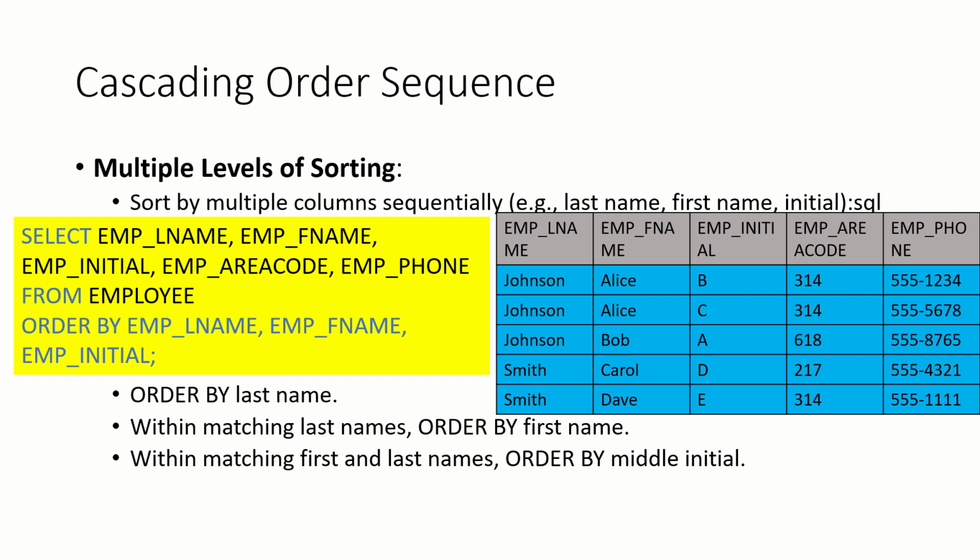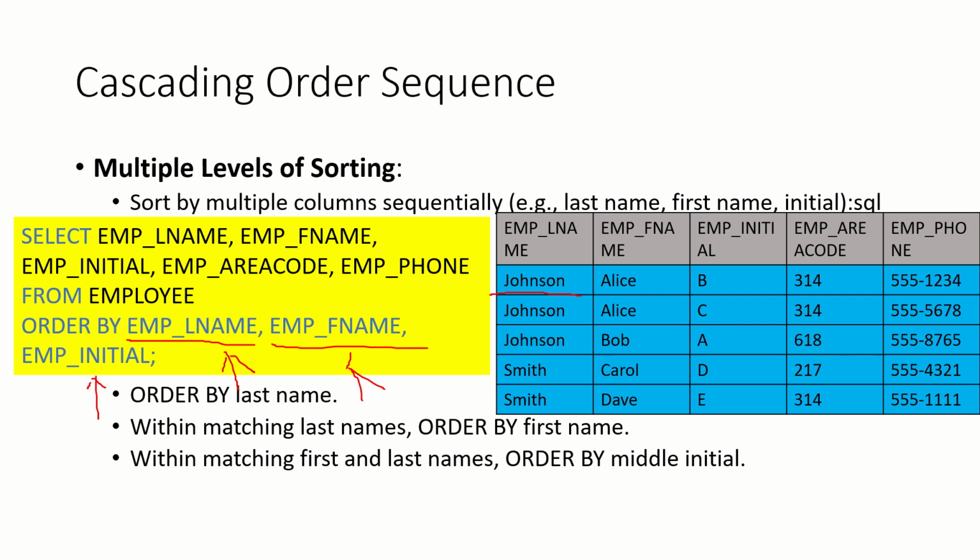We need to specify them. In this case, we have first name, last name, and initial. We order by first name first, then last name, and the initial last. By default it is ascending.